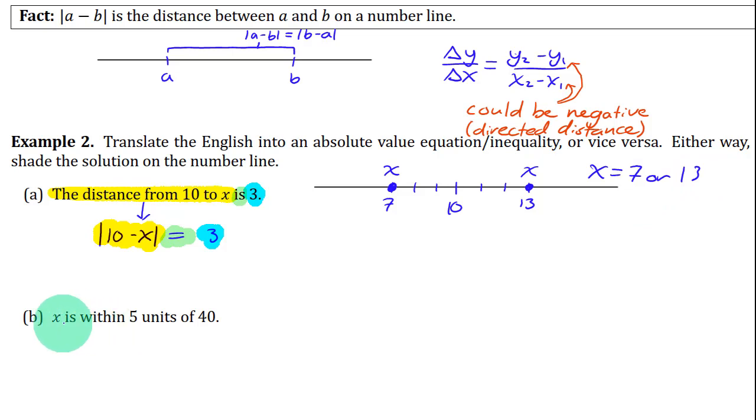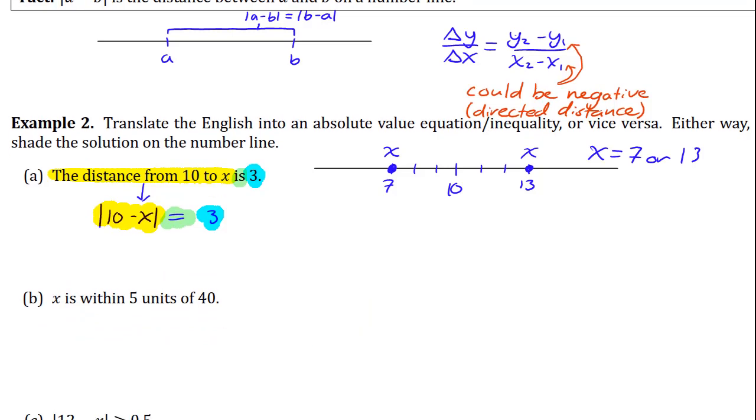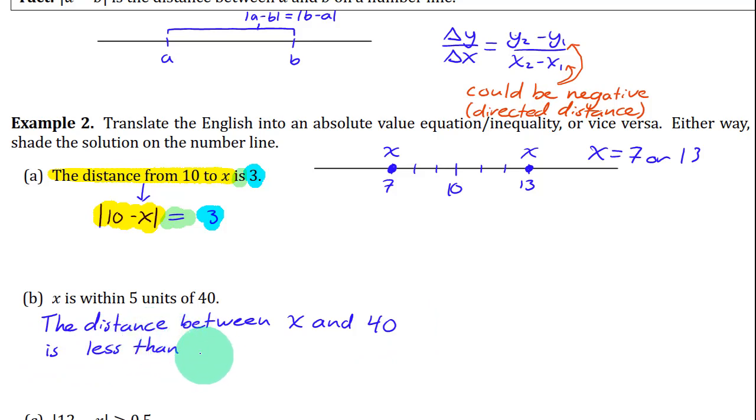All right, now let's look at this. When we say x is within 5 units of 40, okay, so what is this saying about distance? I'm going to try to rephrase this. It's saying the distance between x and 40 is less than, or maybe equal to, it's not really clear what within means.